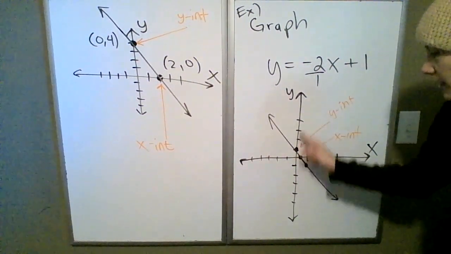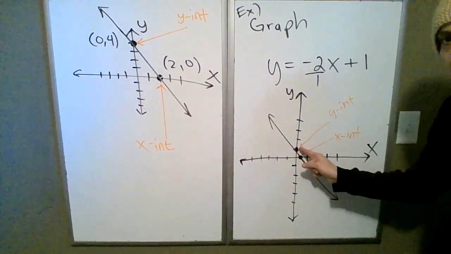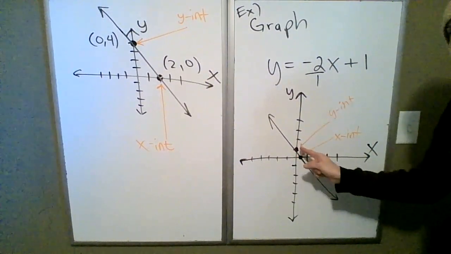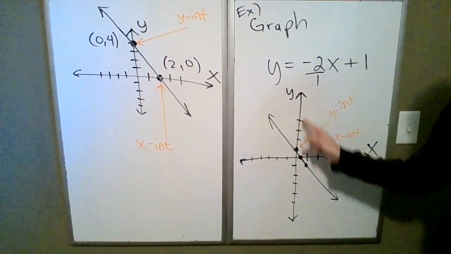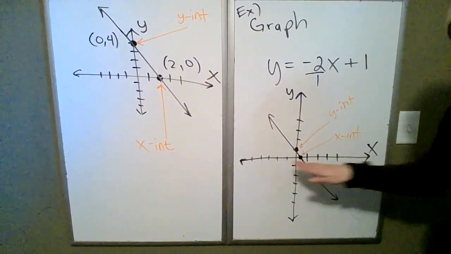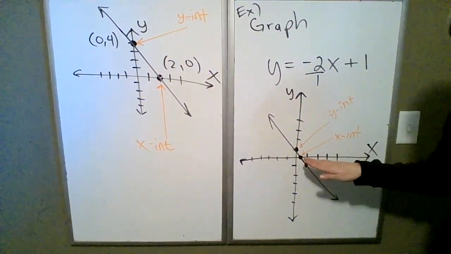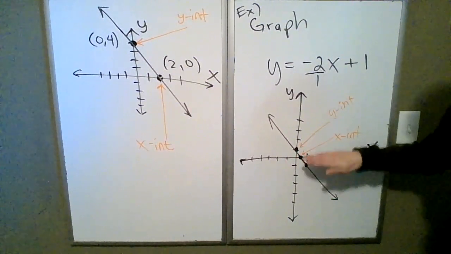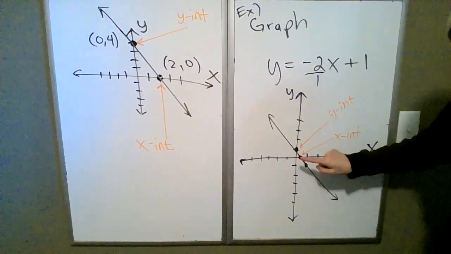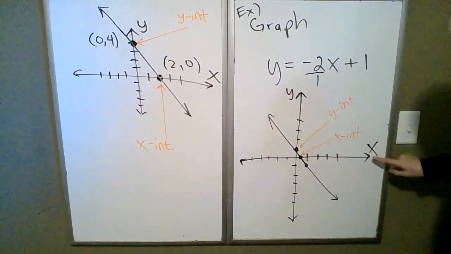For the y-intercept, you go up some number y, but x is 0, so it's right there on the axis. For the other point, you go over some number x, but the y value is 0. It doesn't go up or down. It's right where it touches the x-axis.